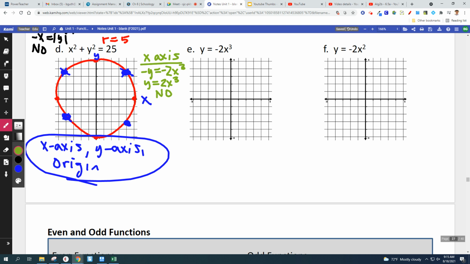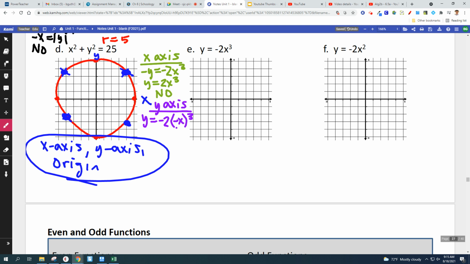Let's check for y-axis symmetry. I flip the x, so y equals opposite 2 times opposite x cubed. You've got a negative cubed.